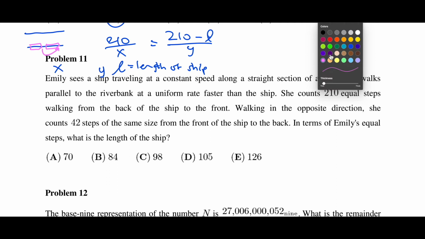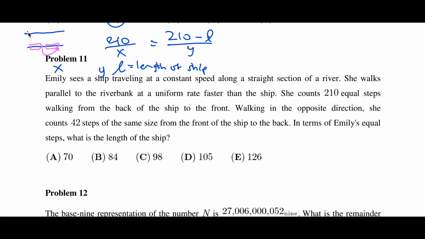Okay, now let's make a different color for Emily. She starts from here, which is the end of the ship, and then she ends up here, which is the front of the ship. That's not exactly to scale, but you get the idea.